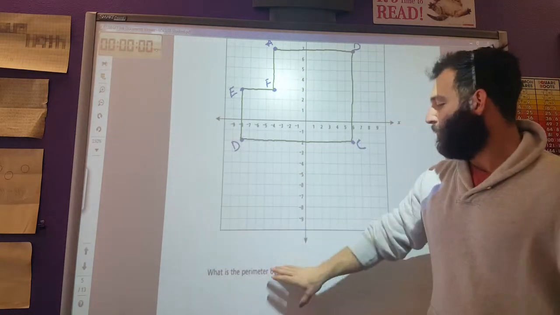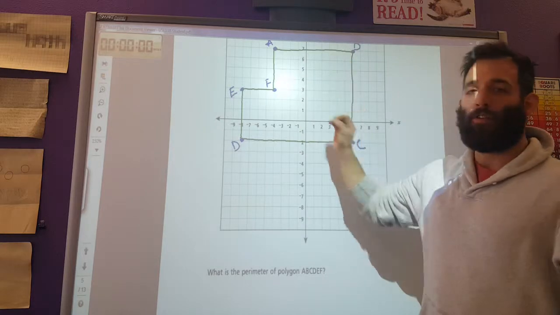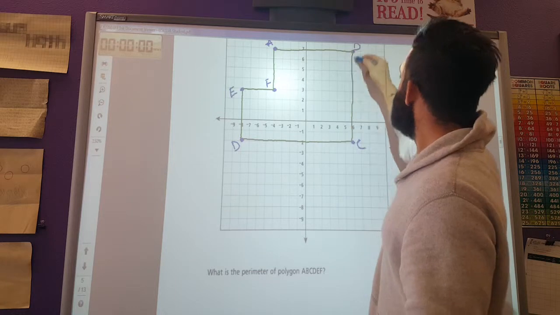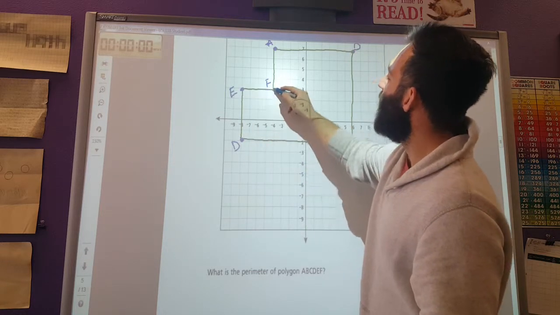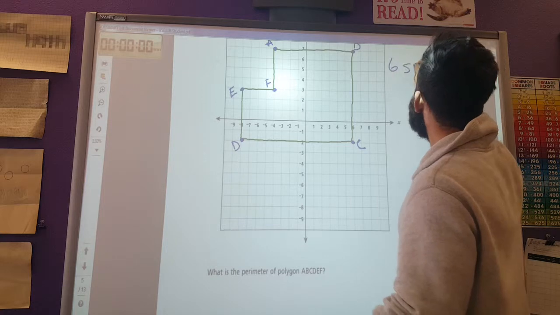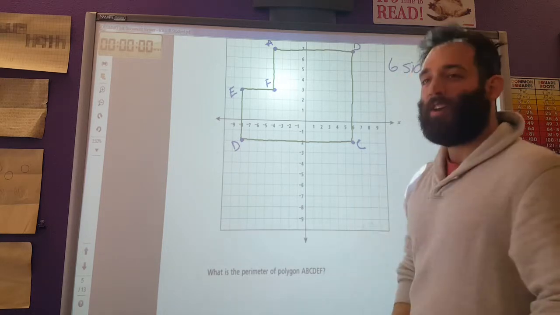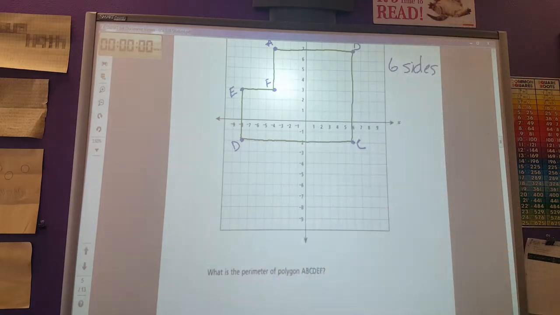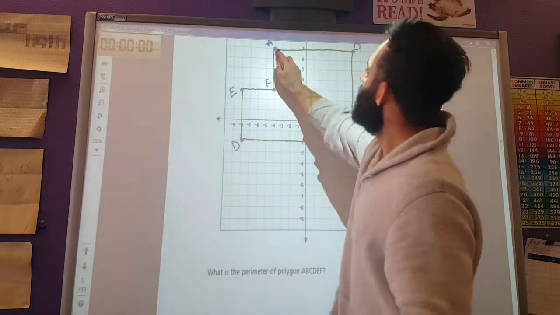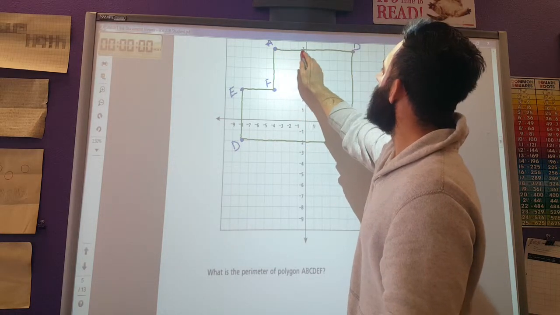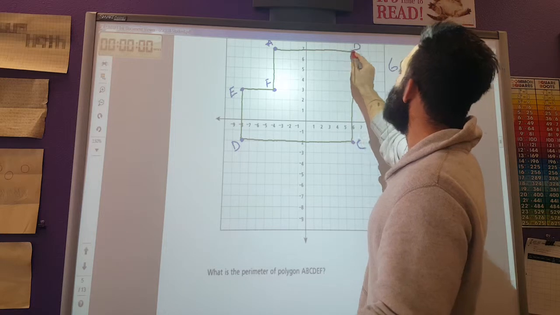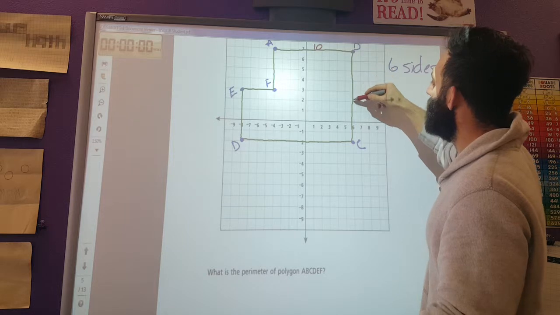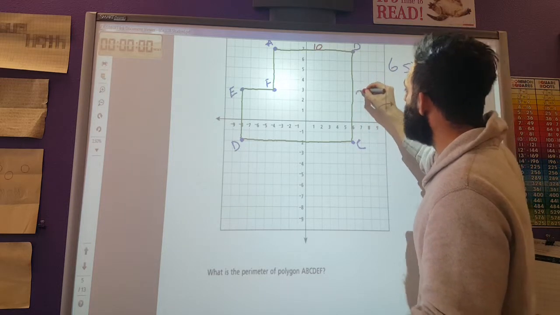Now, before you can find a perimeter, you have to find the lengths of all the sides. First thing I'm going to do is count all the sides so I know how many numbers to have. 1, 2, 3, 4, 5, and 6. I have 6 sides, so that means I should have 6 different measurements. Now, my first is from A to B. This is a length of 10. B to C, 9.